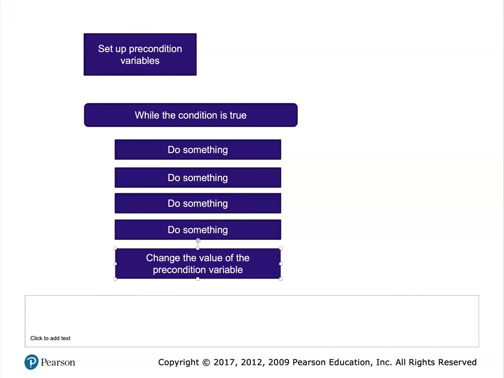When that happens, hopefully, we come back up and we ask the question again, is the condition true? If it is, we do something, do something, do something. Hopefully, as a result, change the value of the precondition variable, come back up. Is the condition still true? It is. And then, eventually, that condition will be false.